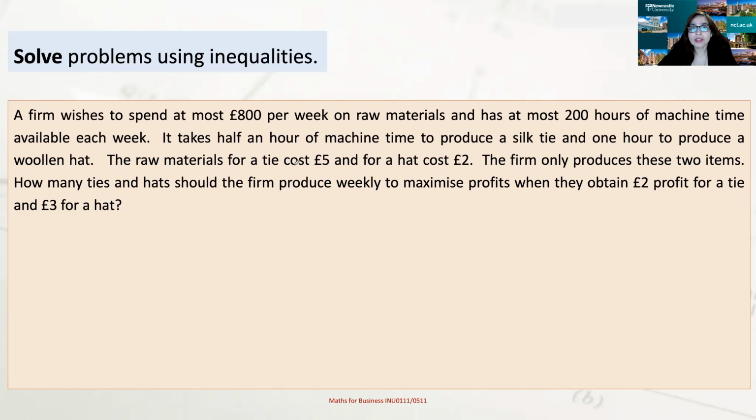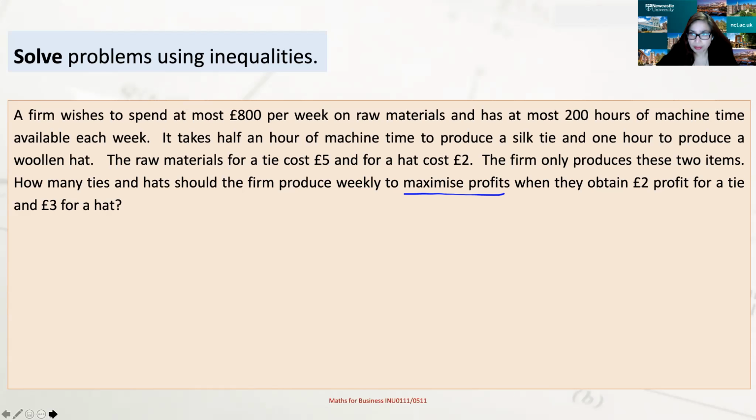The raw materials for a tie cost £5 and for a hat cost £2. The firm only produces these two items. How many ties and hats should the firm produce weekly to maximize profits when they obtain £2 profit for a tie and £3 for a hat?